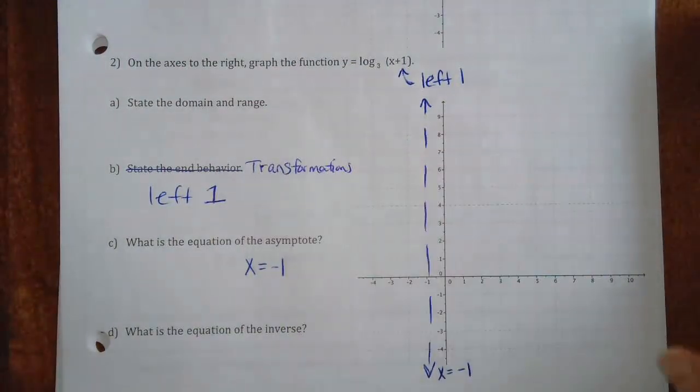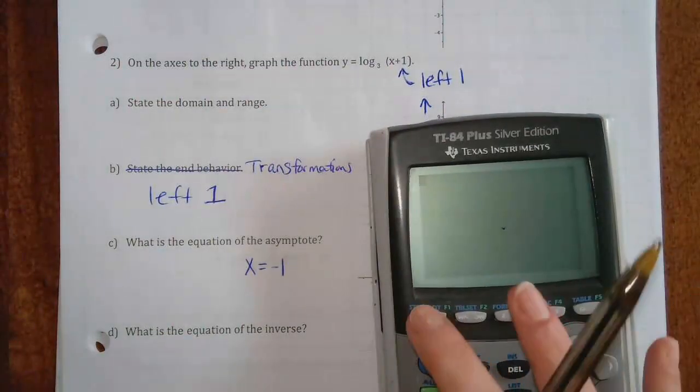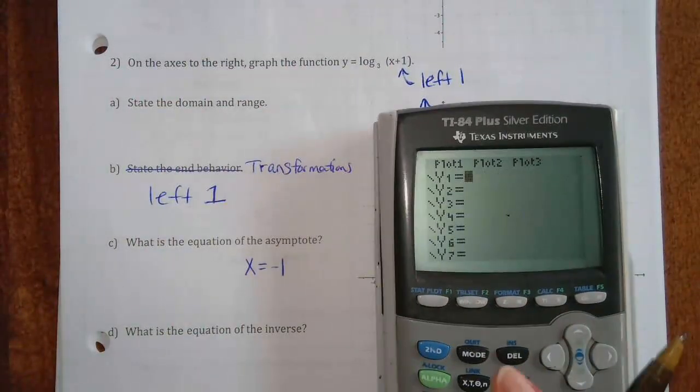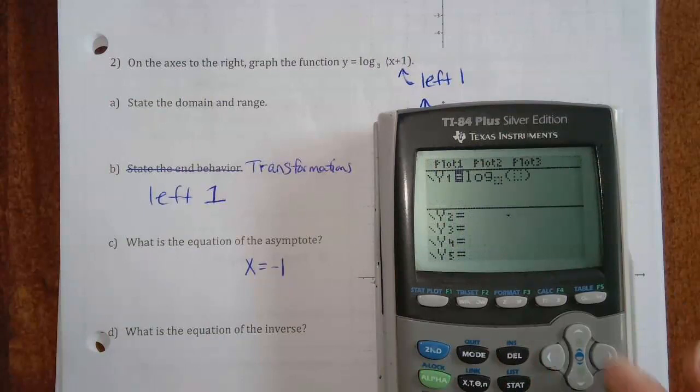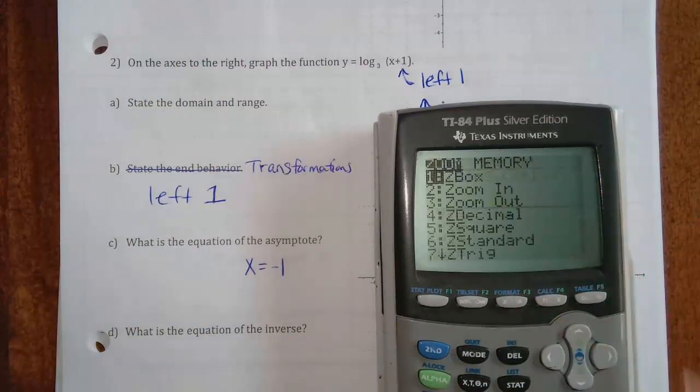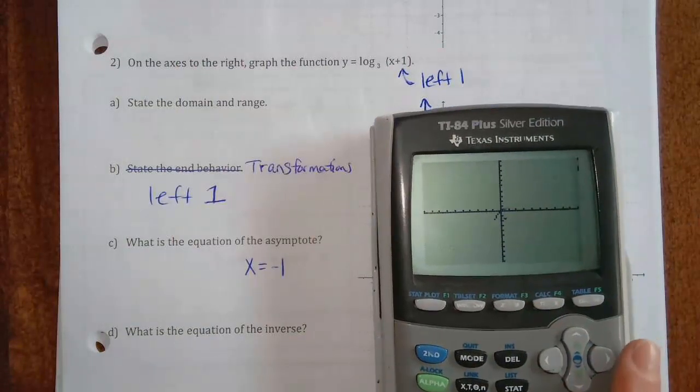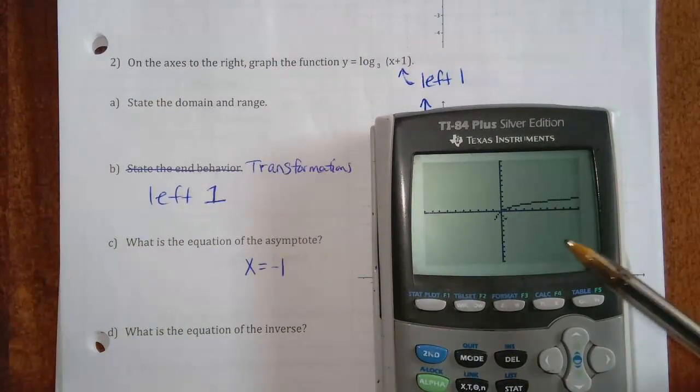All right, to get the log base 3 in my calculator, I'm going to go to my y equals screen, math, alpha, math, to get the log base, change the base to a 3, type your x plus 1, and if we do a quick zoom 6, just so that we all can see the same screen, this is all that your calculator gives you as far as a graph.